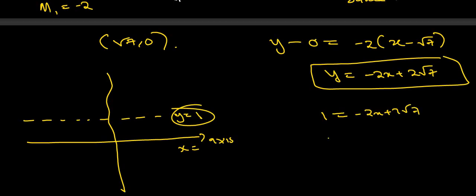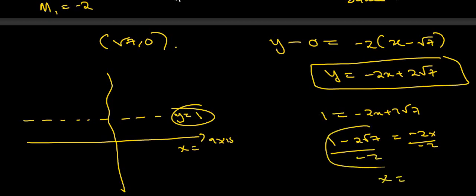This is going to give us 1 minus 2 root 7 equals negative 2x. So x is equal to 1 minus 2 root 7 over negative 2, comma the 1 that we picked.